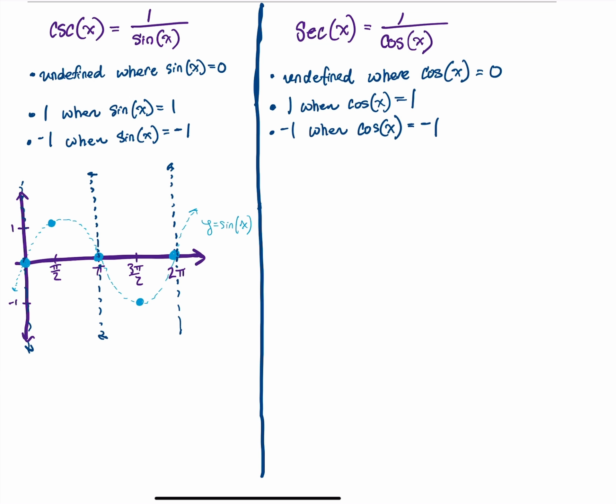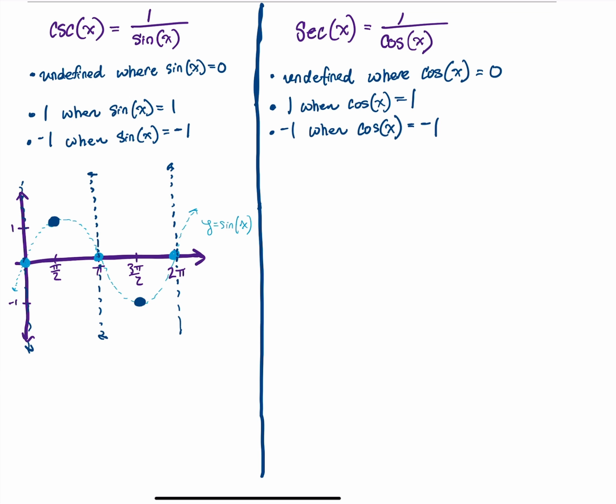And then we said when sine equals +1, the cosecant will equal +1. So they're going to share these points, and similarly for -1. So at the minimum and maximums of where the sine would exist, we'll have a point on our cosecant graph.